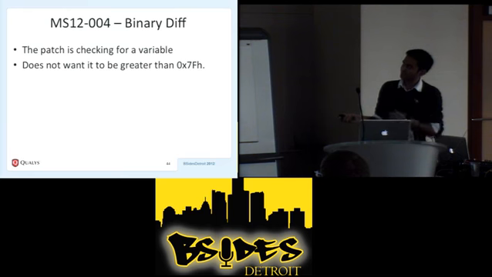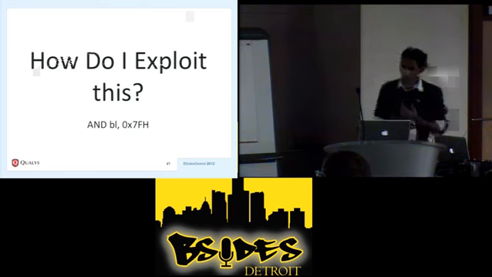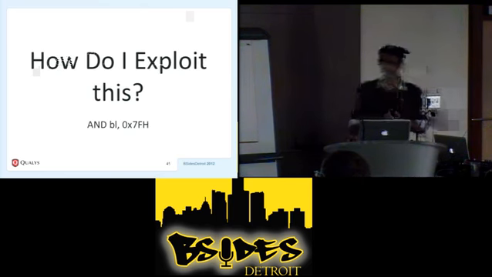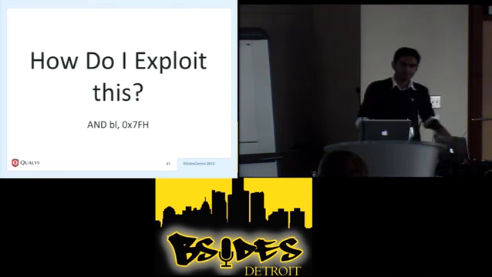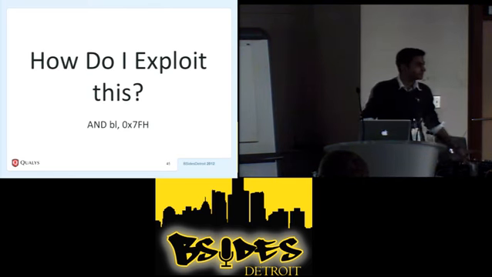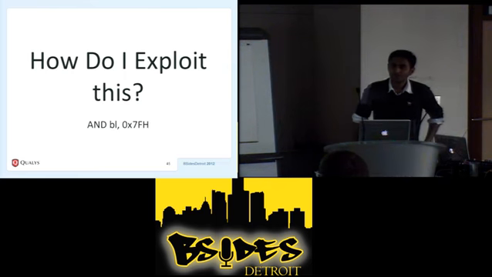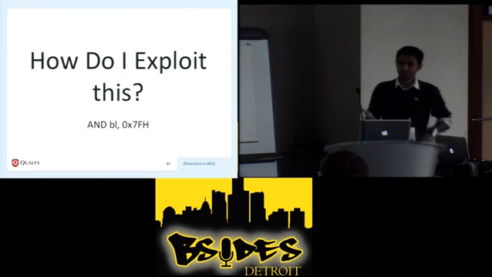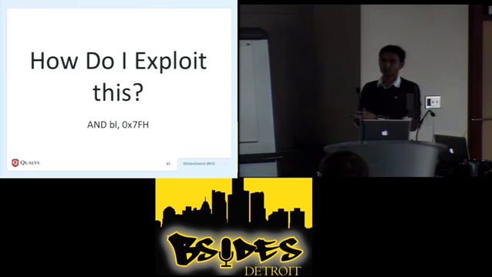What it did is, it was trying to check a variable and it does not want it to be greater than 7FH. So how would you exploit this? Yeah, that's true, right? Because in the unpatched version, it was happy whatever the value is, it's not doing anything. But in the patched version, it is checking that one variable, and it does not want it to be greater than 7FH.